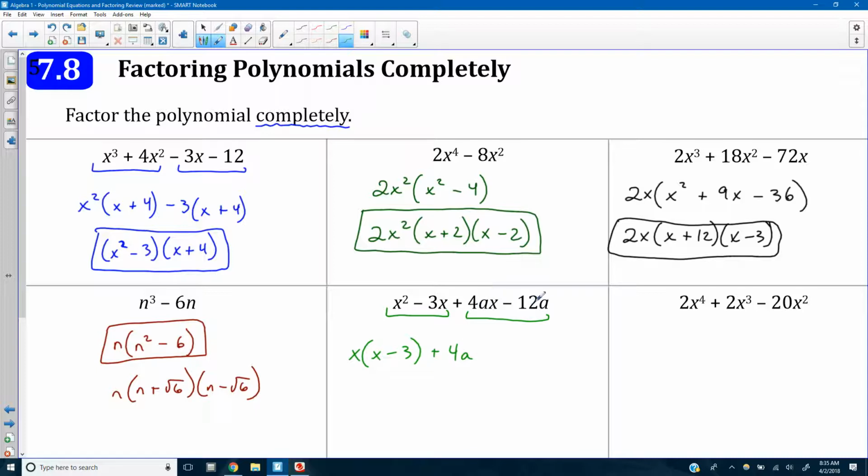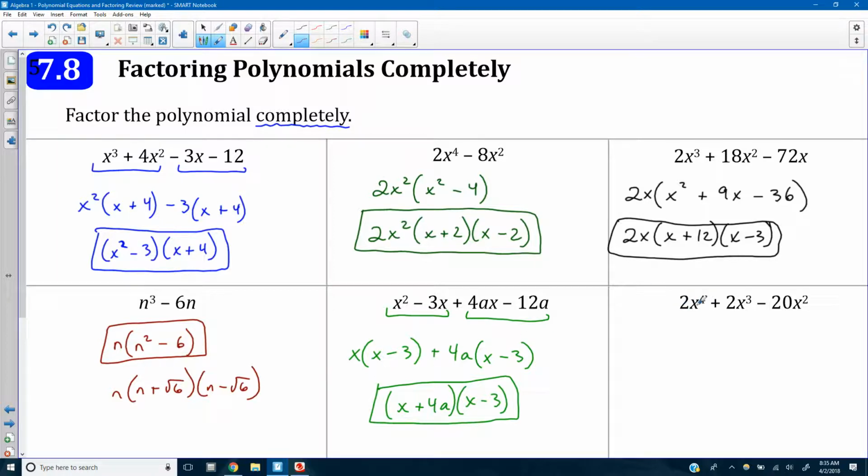But I factor a 4a out. Notice how both these have a multiple of 4 and a multiple of a. And here I'm left with an x. Here I'm left with a minus 3. That's good, because both these quantities are x minus 3. Factor out the x minus 3. Here you'll be left with x plus 4a. And if anything else could factor, I would do it. But nothing else is factorable. I'm left with that. I'm good and great.